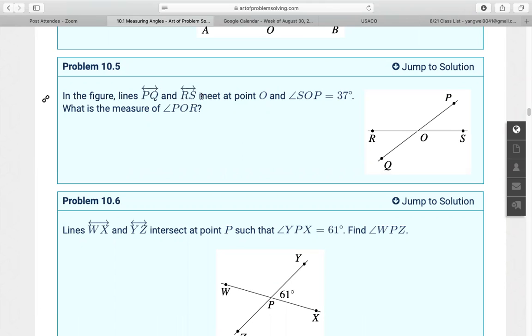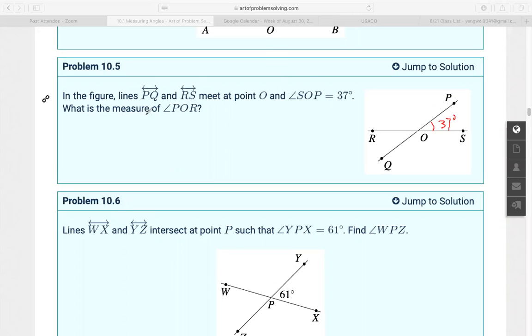That means this is a line. PQ and RS meet at point O, so that means they intersect at O. The angle SOP equals 37 degrees.